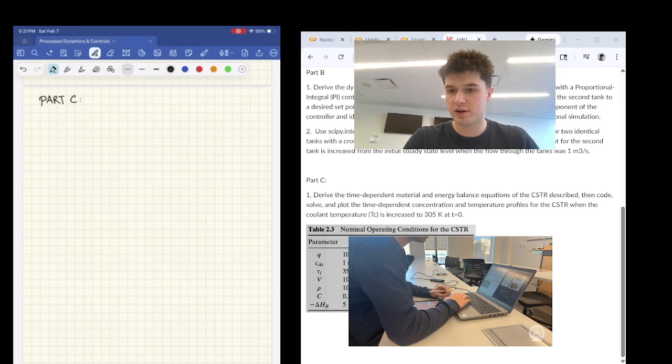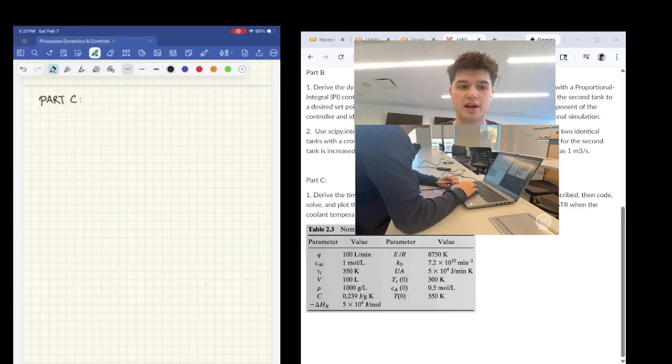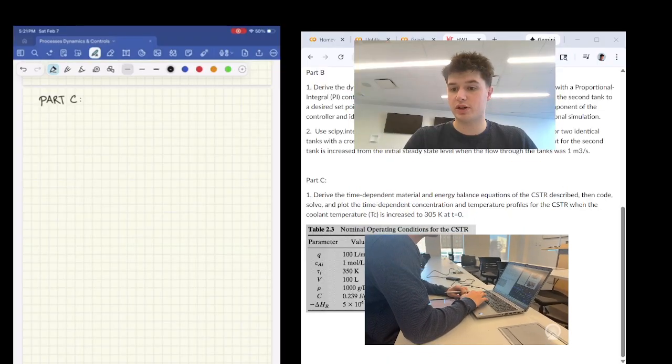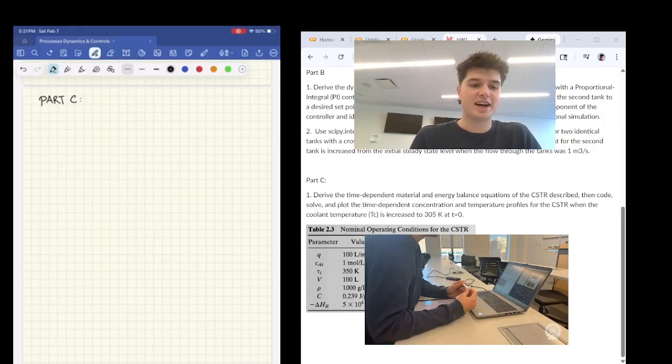It's kind of being covered by my screen here, so I'll move this real quick. By that table right there, and we will then code, solve, and plot the time-dependent concentration and temperature profiles from the CSTR with the specifics given. So let's get into it.